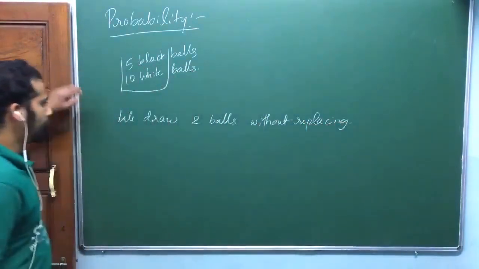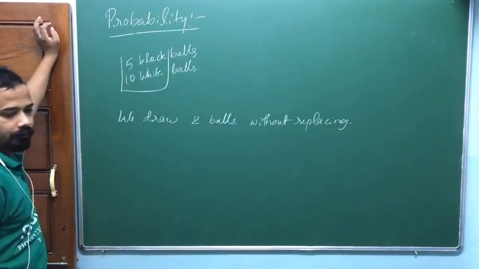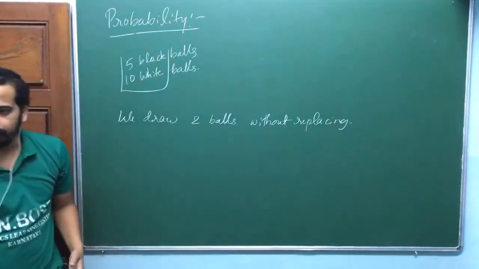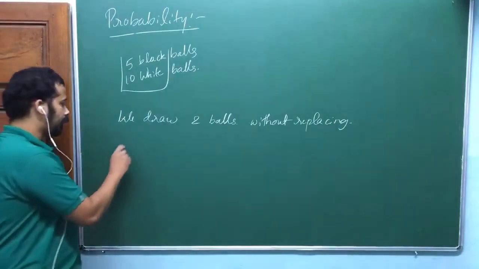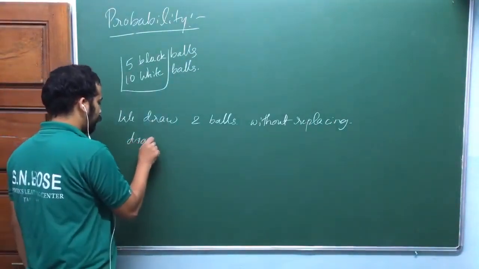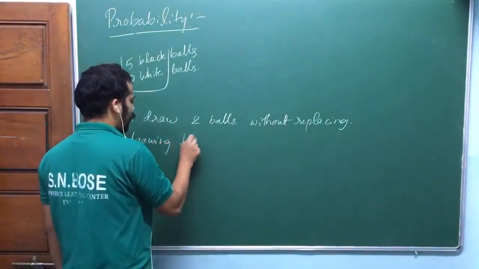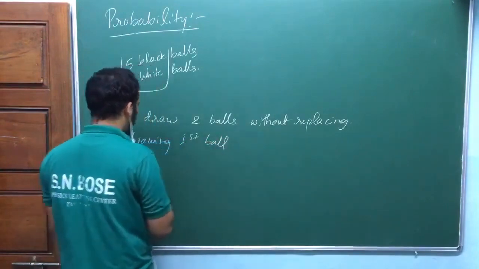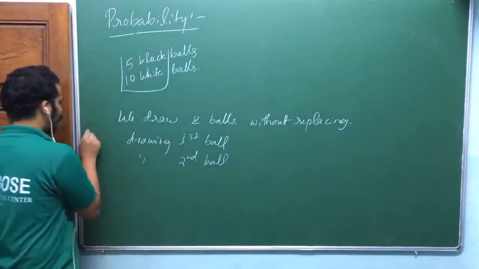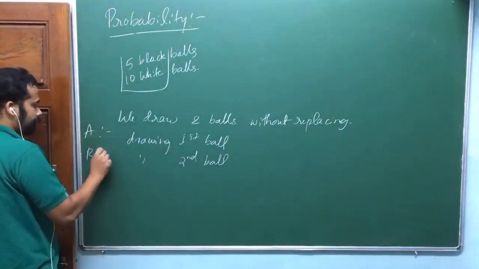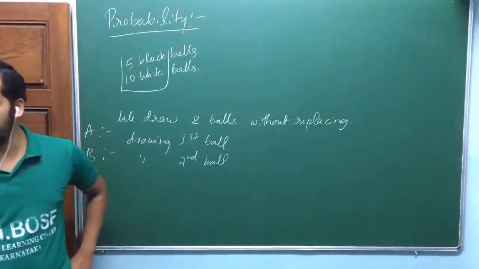There are 2 events: drawing the first ball and drawing the second ball. Event A, event B. Can I say like this? You have 2 events here. Don't forget.